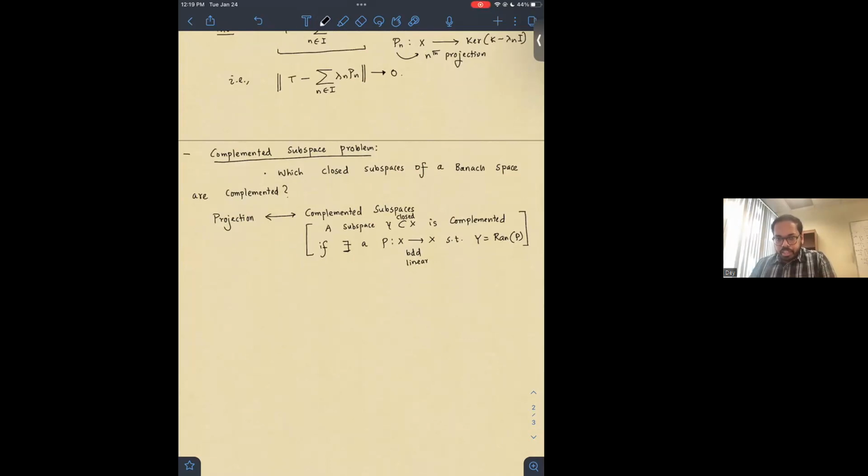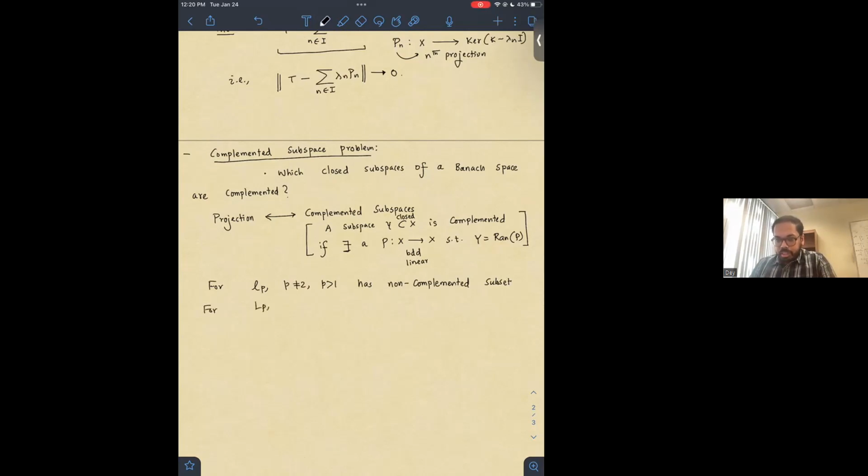What I mean is, little LP, for P not equal to 2, P bigger than 1, has non-complemented subspaces. What it means is there exists a subspace which is not complemented for little LP. But for capital LP, there are complemented subspaces.